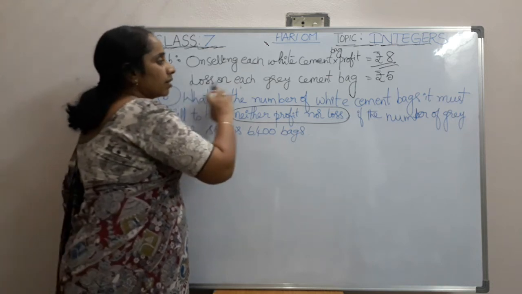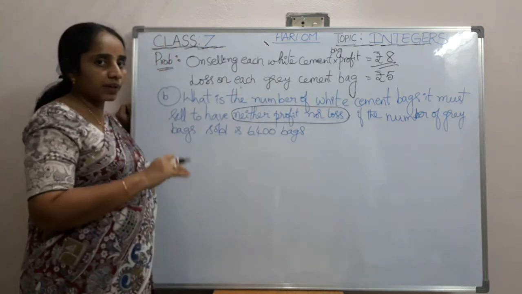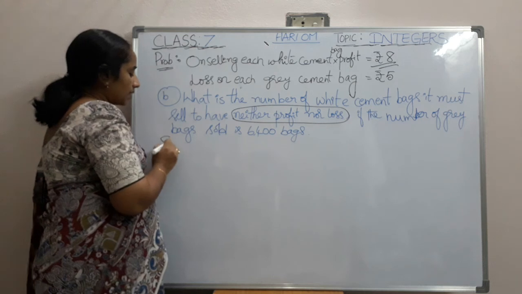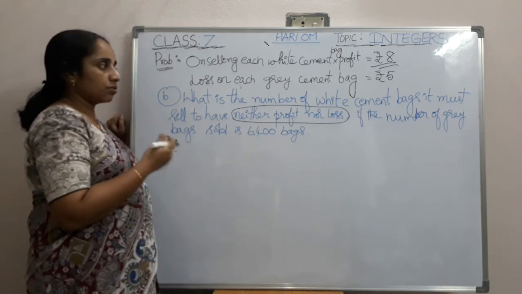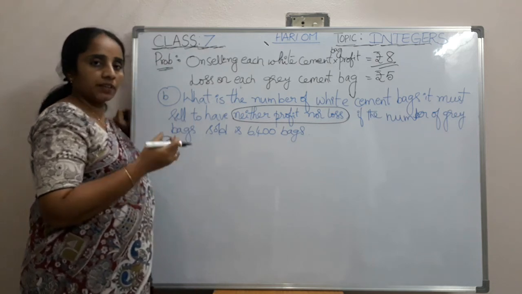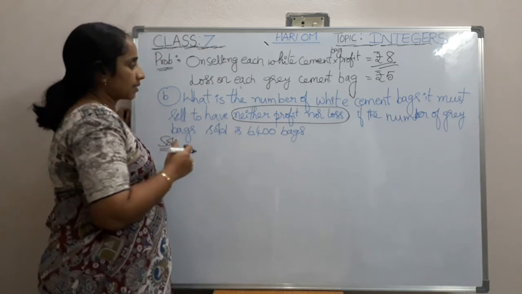So the number of white cement bags we have to find out is an unknown value. So assume that unknown value with a variable, x.